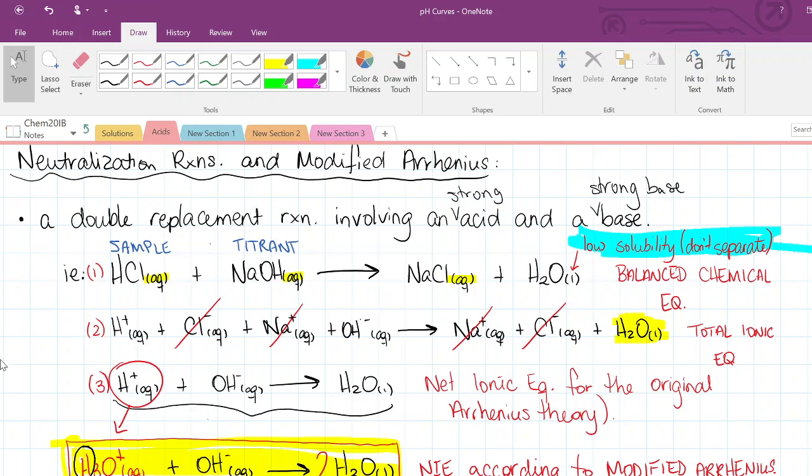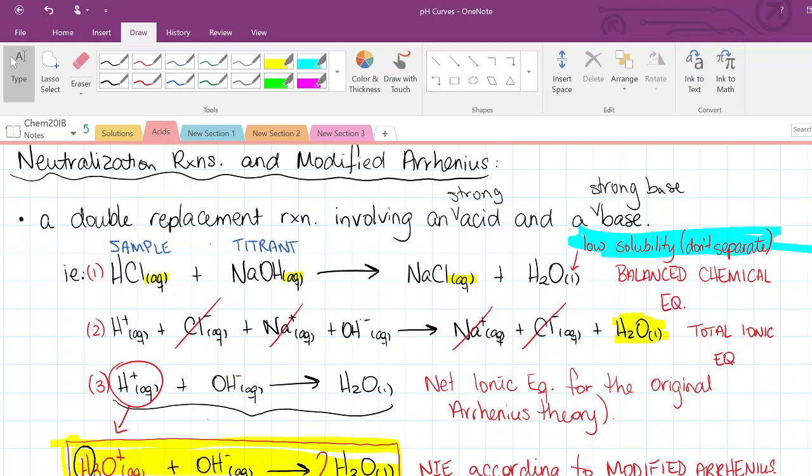Now, what I want to show you is what our net ionic equation was in the previous unit, when we were still talking about Arrhenius referring to hydrogen ion as your primary acidic substance. In this unit, we've revised that definition so that now we talk about hydronium ions in solution.